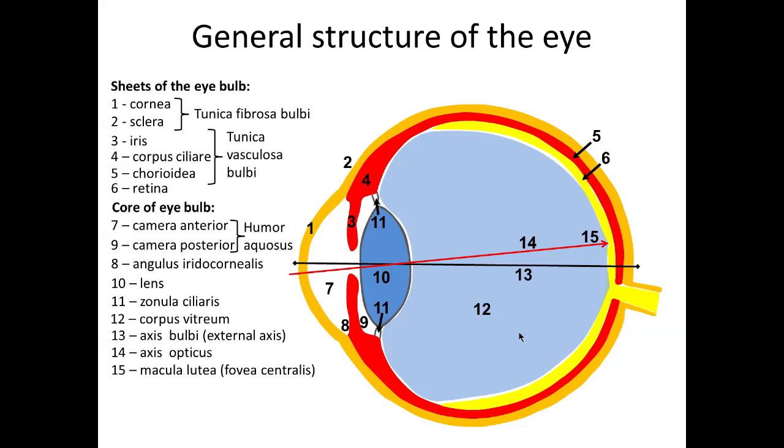So this place they call also as place of best seen. And we can say that axis opticus is an axis which is directed to this place of best seen on the internal surface of the eye bulb. So it means in retina.